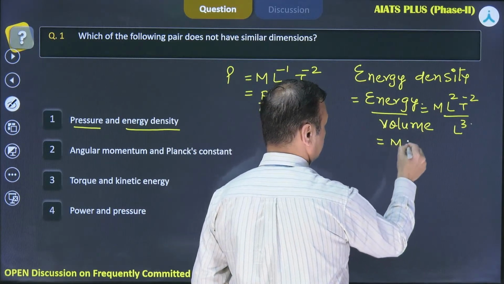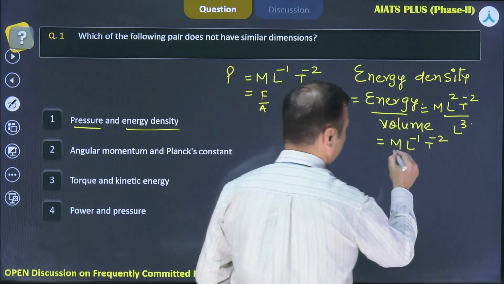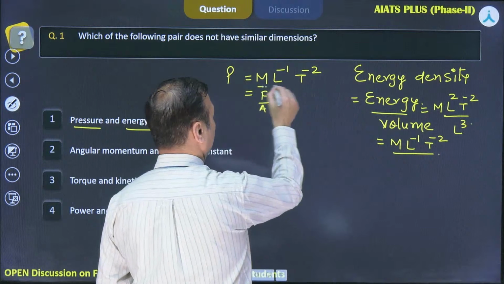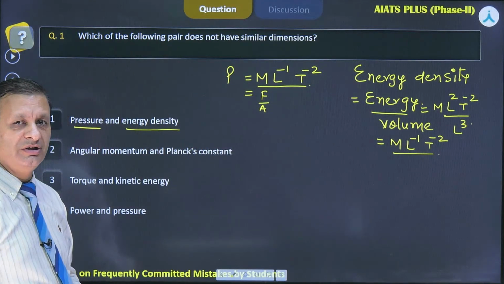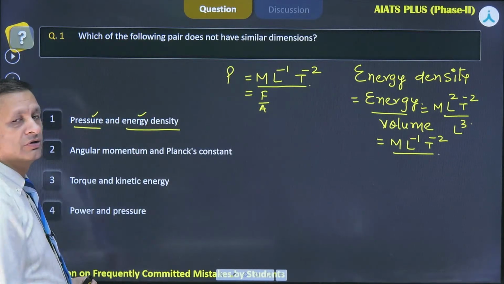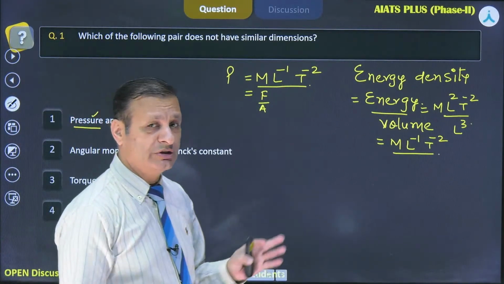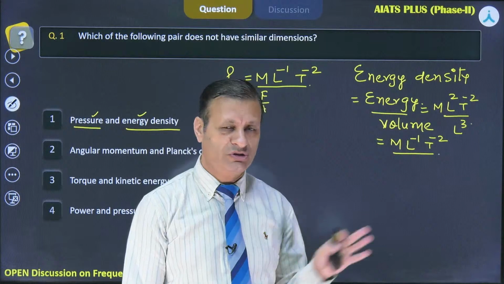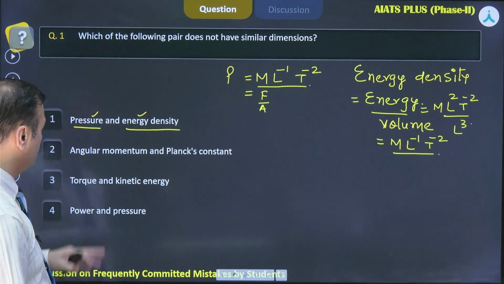What it becomes? ML^-1 T^-2. So look at the dimensional formula of pressure and energy density. Both have same dimensions. But we have to pick the pair which does not have the same dimensions, so this is not your correct option.